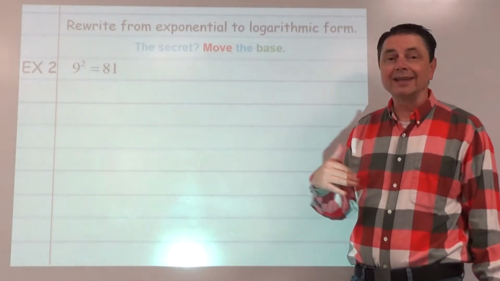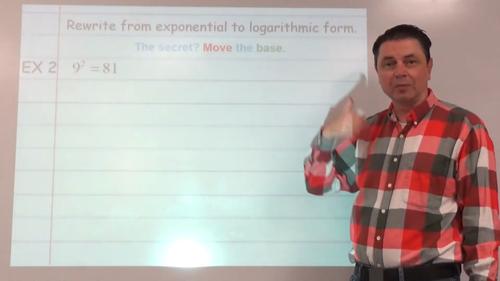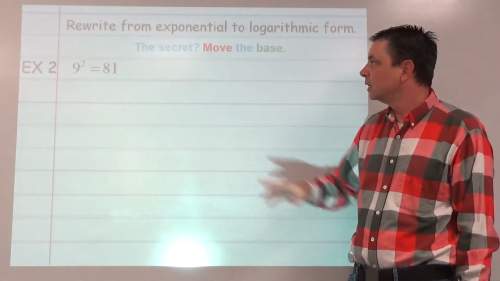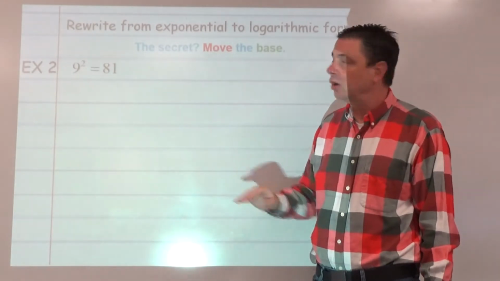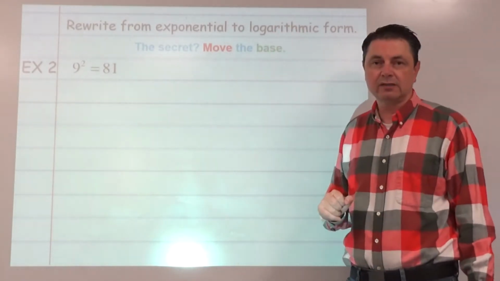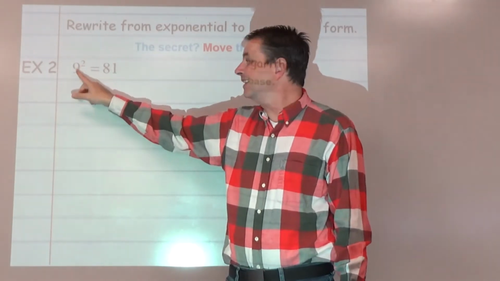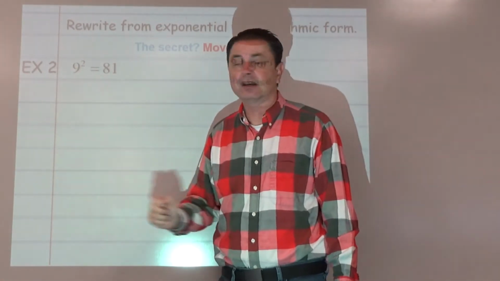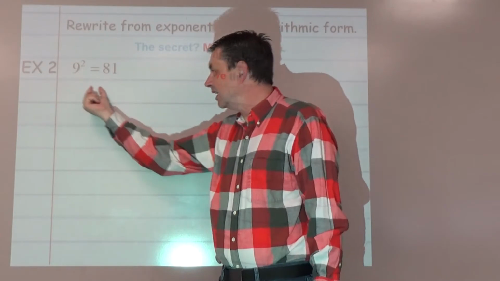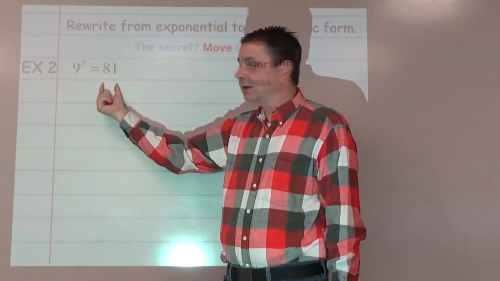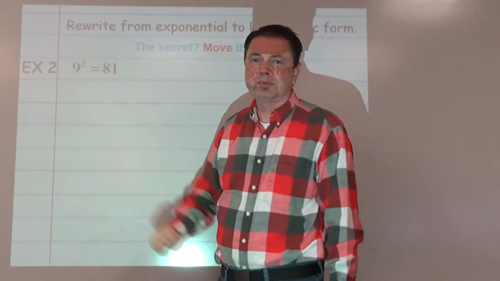We want to rewrite that into logarithmic form as a log equation. And the secret is, it's always going to be move the base. In this case, 2 is the exponent, and that makes 9 the base. So we're going to take the 9 and move it to the other side, and that means the 2 is going to drop down.